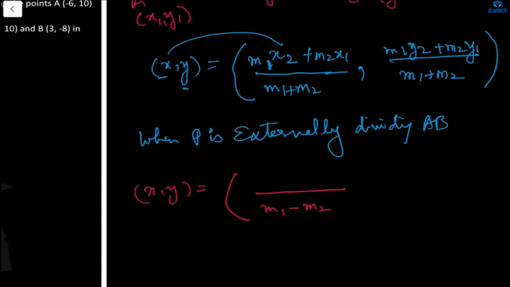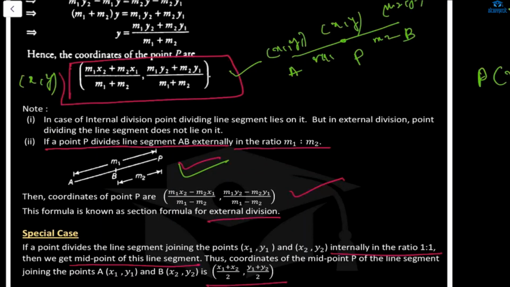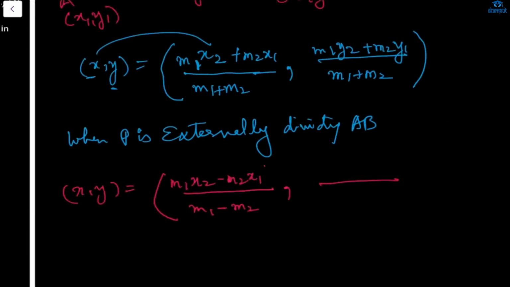And now you have to remember here, you have to write m1 first and then m2. m1 minus m2, and m1 x2 minus m2 x1. Now, comma. And the second one will be m1 minus m2 and it will be m1 y2 minus m2 y1. Understood?